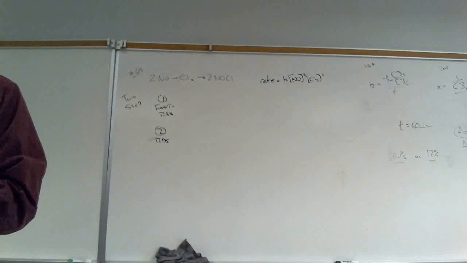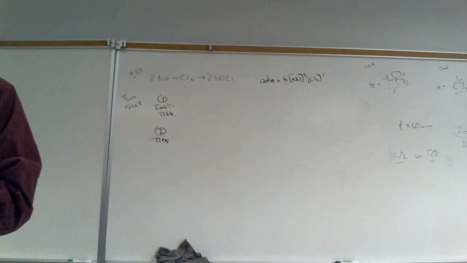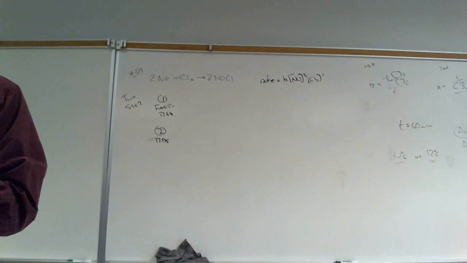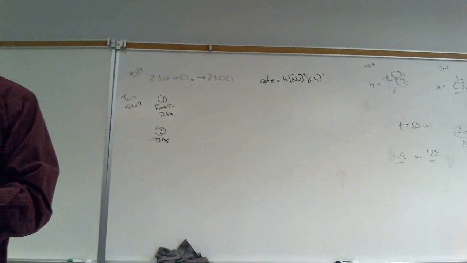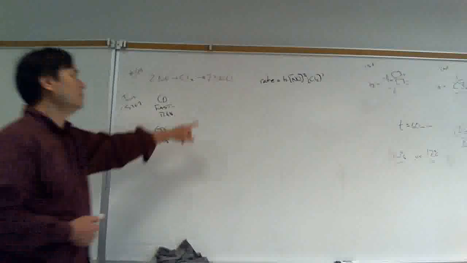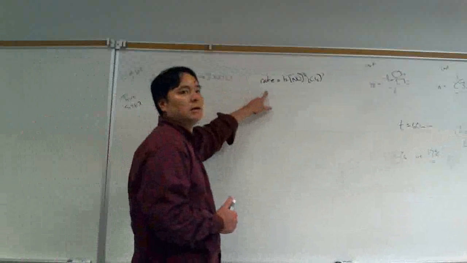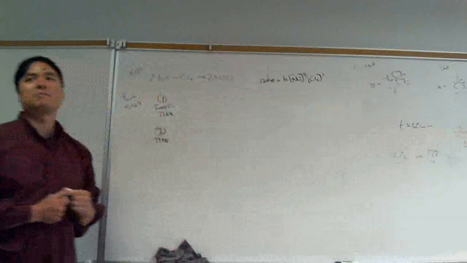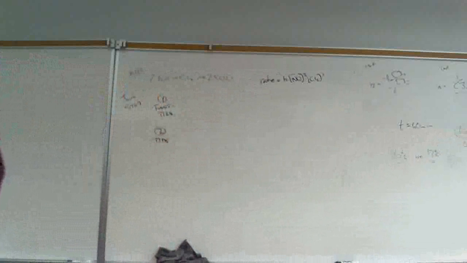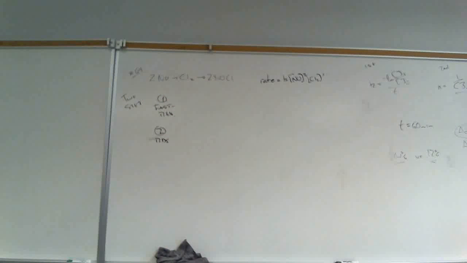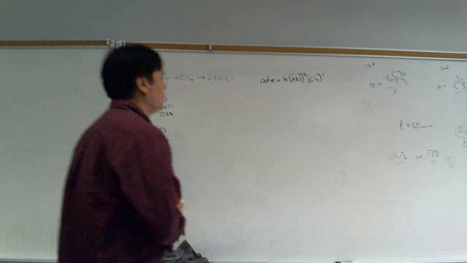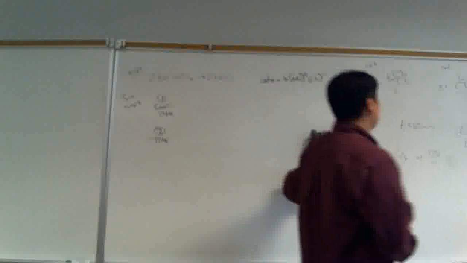In other words, a single-step mechanism is consistent with the rate law. But maybe we could get a two-step mechanism that could be consistent also. Let's see if there's a two-step mechanism that is consistent as well and see which one you think would be better. For the first step, we have different choices.